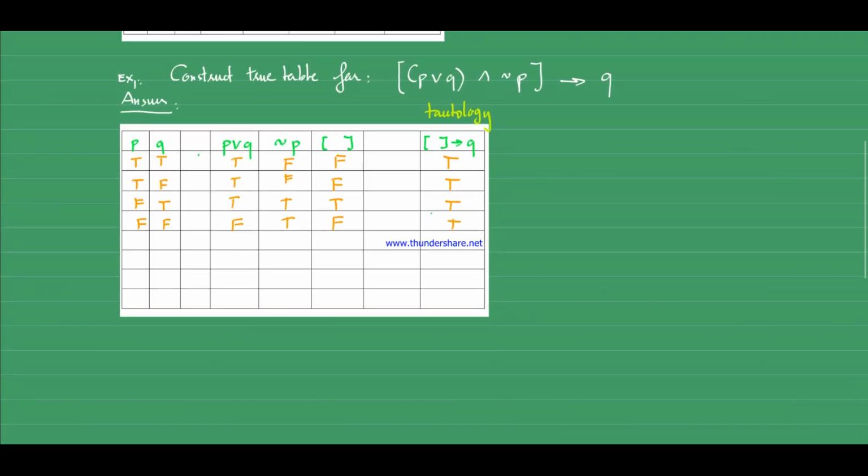Now let's do another example here. Example 2. In this example, let's say I give you a sentence statement, then you convert it to a symbolic statement.